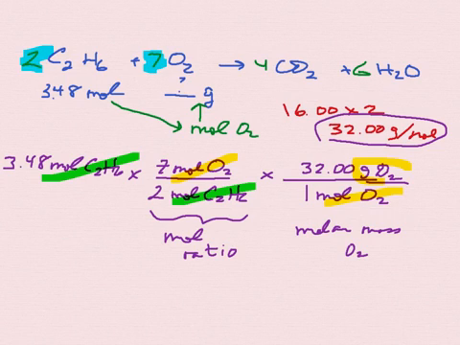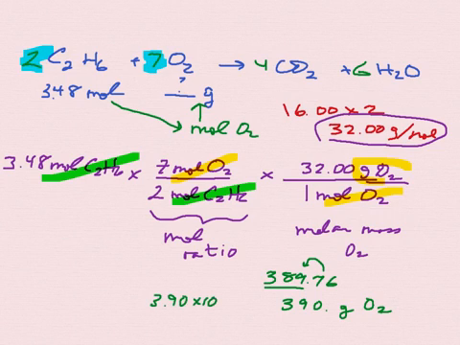To finish it off, and to do significant digits, you're going to have to round to 3 places, which means that 7 is going to round the 89 up to a 90. So 390 with a decimal point grams of oxygen, or 3.90 times 10 to the second would be the equivalent.